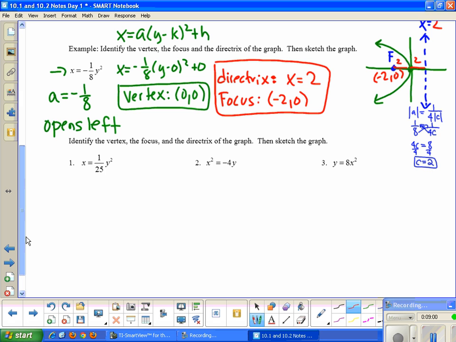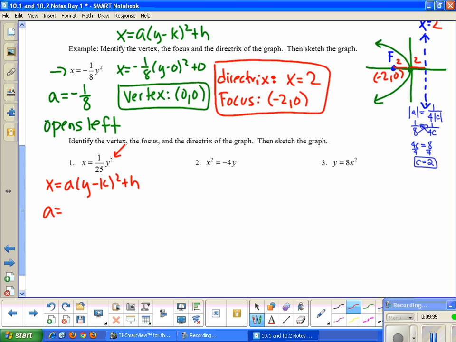So for this one, this is another x equals equation. The reason I can tell is because the y is being squared, that hints that it's x equals. So in this case, I know that I can write x equals a times y minus k, quantity squared plus h. There's nothing attached to the y, and there's nothing on the outside, so I know my vertex is actually at 0, 0.